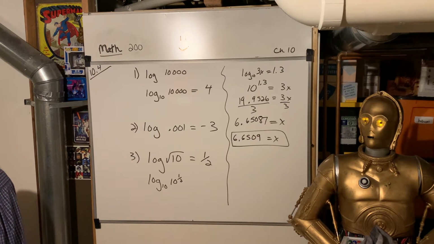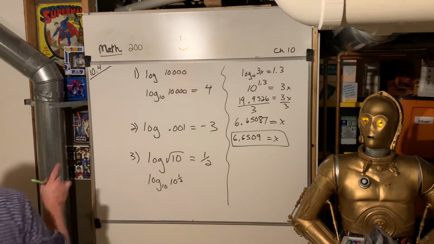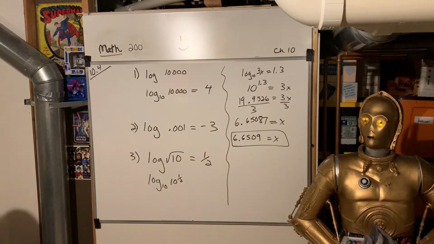So when we divide that by 3, and then subdivide by 3, that's the 6.6509.